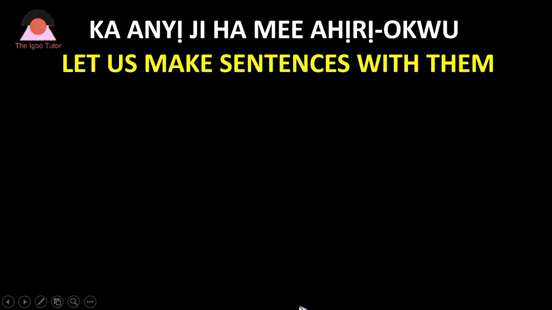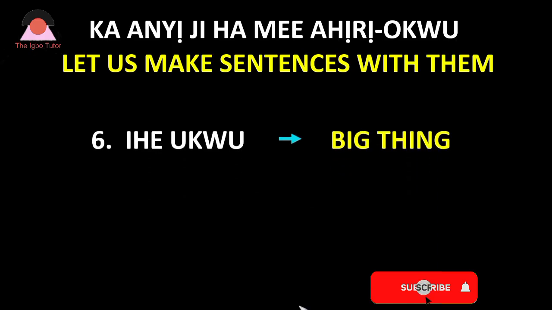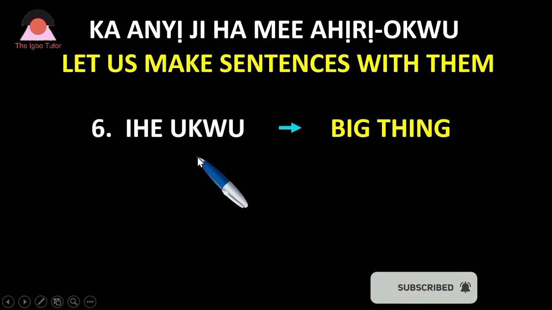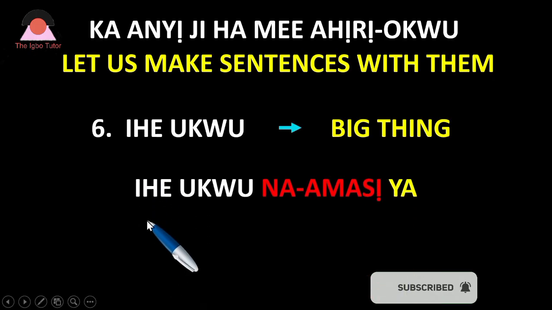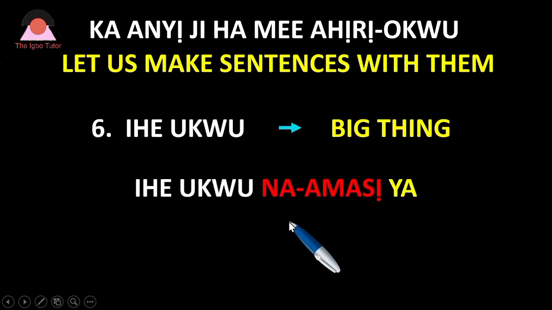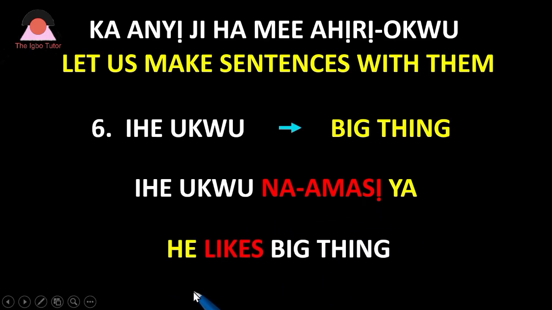We move now to number 6, which is ihe ukwu, big thing. And let's have a sentence now. Ihe ukwu na-amasị ya. What does this mean? He likes big things.